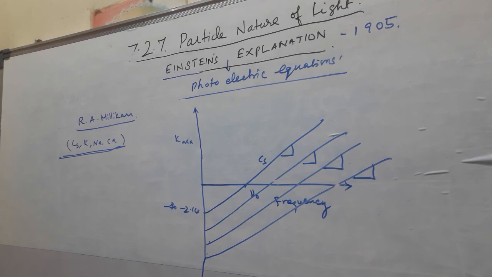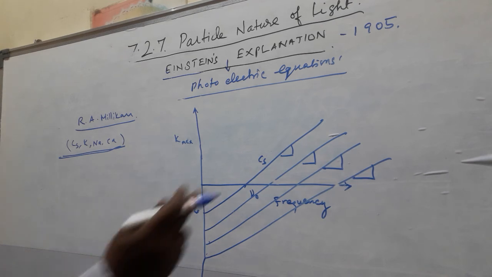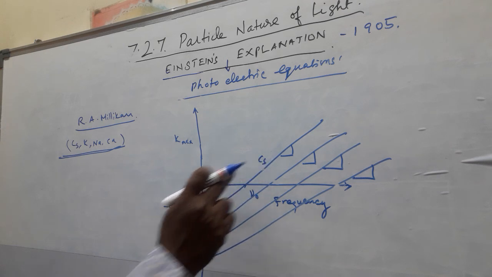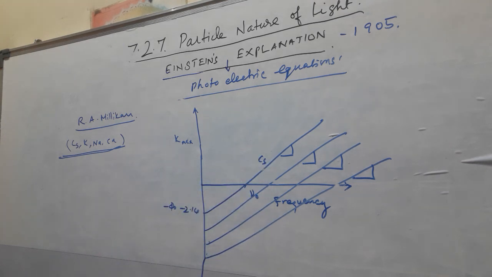The work function of cesium is 2.14, and the work function of potassium is 2.30.